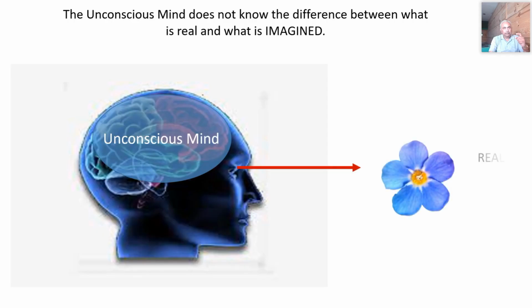So in that video, you saw the picture. Here you are watching, the mind is seeing that there is a flower. Its color is blue, yellow in the center.